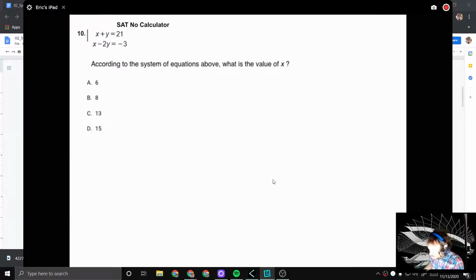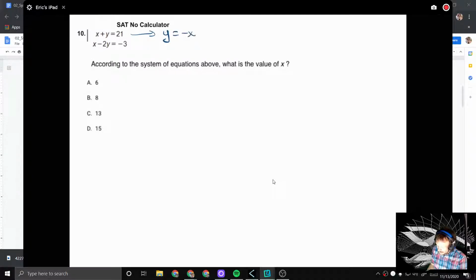Another system of equations. Okay. We've done substitution. We've done elimination. We did checking points. We haven't actually used the calculator. Why don't we do that real quick? So this, I'm going to solve for y.